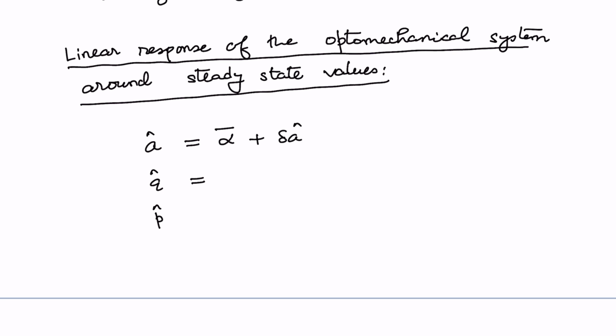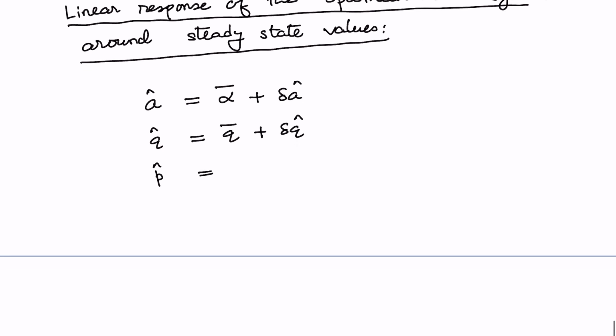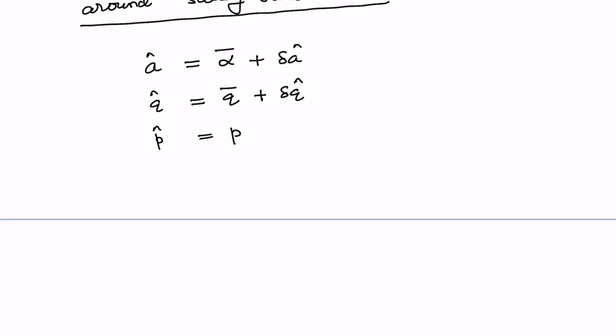Similarly for Q, the steady state value is Q bar, the classical equilibrium value, and around it the quantum fluctuation is delta Q cap, and for P the steady state value is P bar, and around that the fluctuation is delta P.